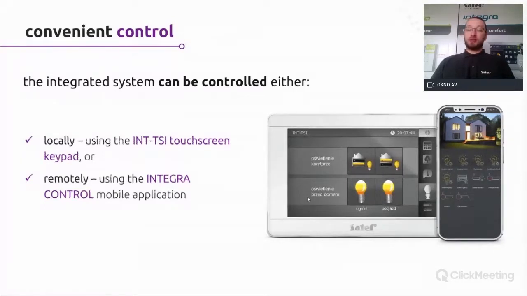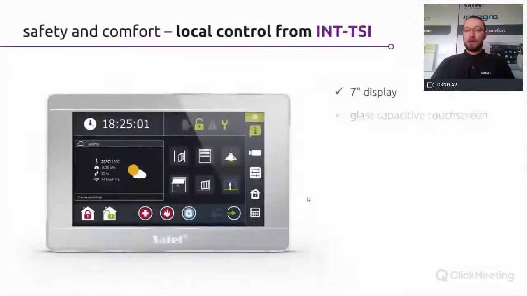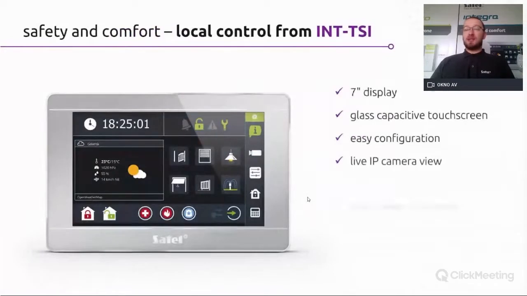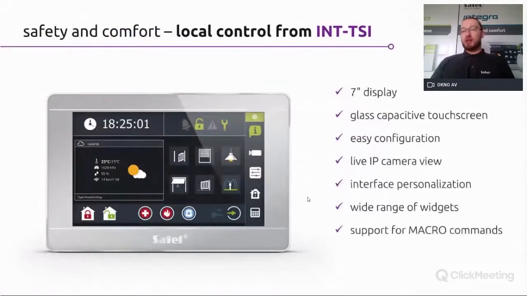So you can use INTEGRA Control and have all the functionality of the macros in there, and also the camera view and all the interesting stuff that we will be talking about in the next few moments. So what is the INT-TSI? I think you already know what it is, the keypad. This is a 7-inch display with a capacitive touch screen.